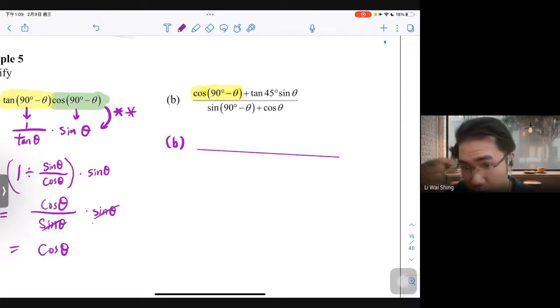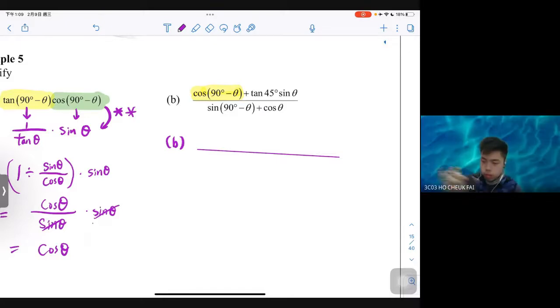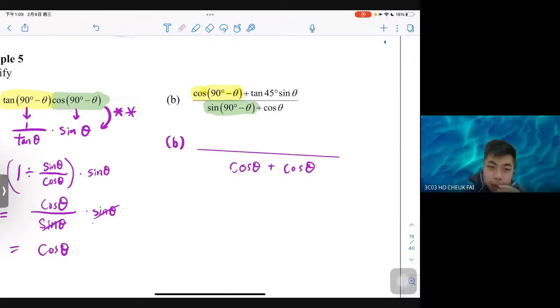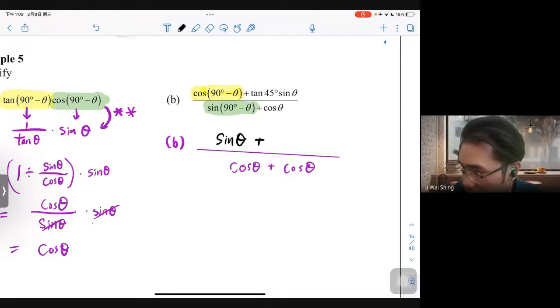Felix Ho. Felix. Okay, let's tell me how to do that step by step. First change the denominator sin 90 degree minus theta into cosine theta. Change to cosine theta, yes. The numerator, cosine 90 degree minus theta becomes sin theta. Then tangent 45 degree is 1.